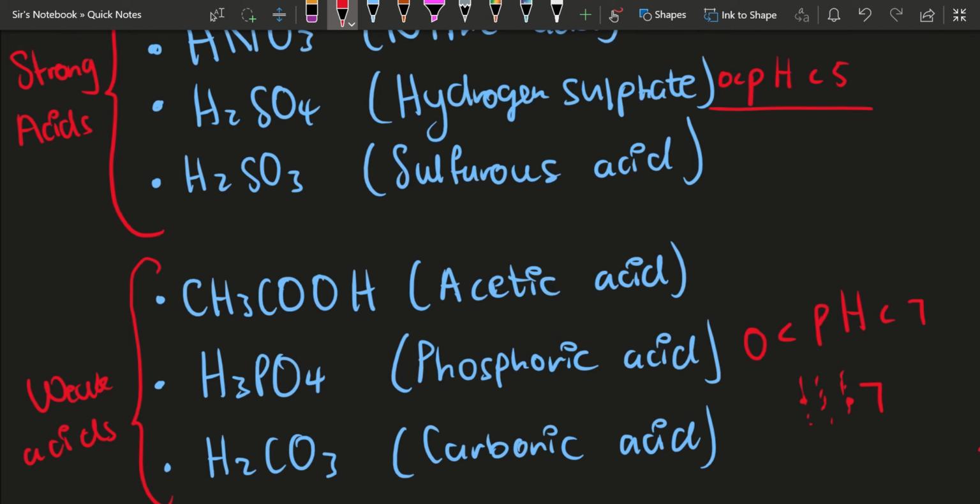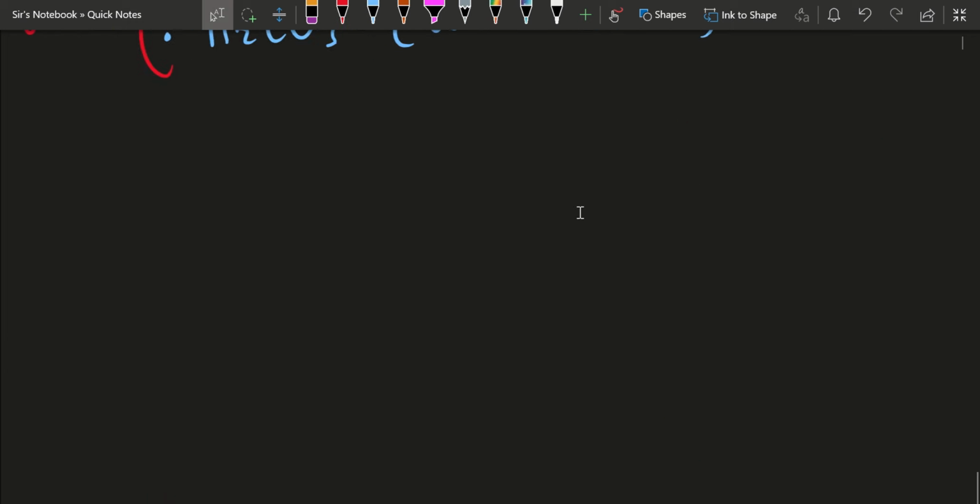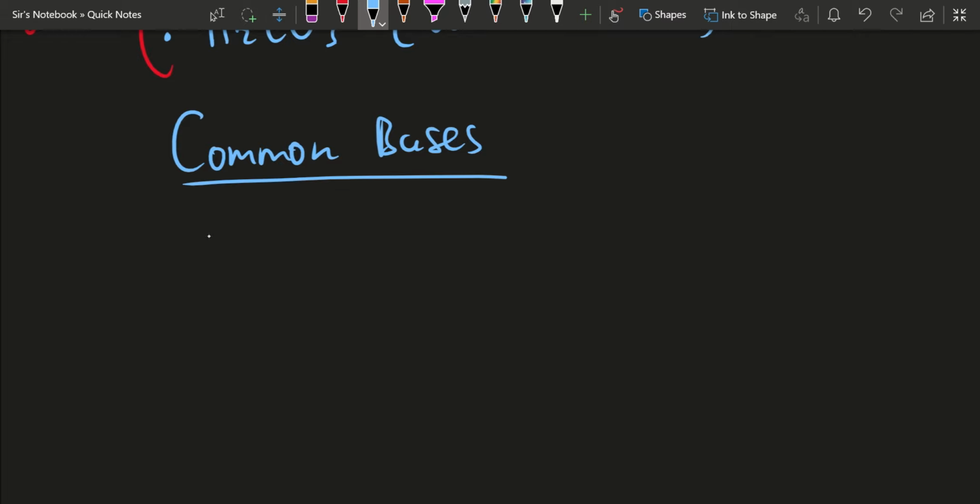And then what else do we look at? We look at weak bases and strong bases. So now we are looking at our common bases. We'd have our first base, potassium hydroxide. Is it two T's? I really suck at spelling. I'm assuming it's two T's.